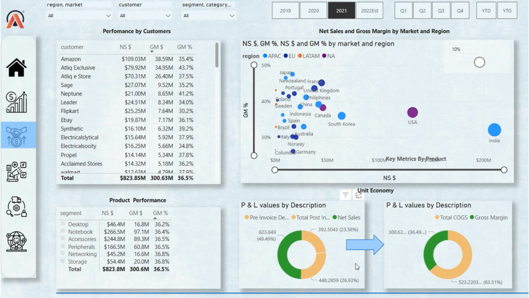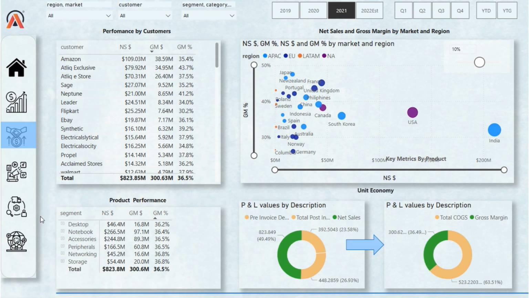And out of that, the total cost, which is cost of goods and gross margin, 63% is the total cost, out of which only 36% is our gross margin percent. So this was all about the sales view.